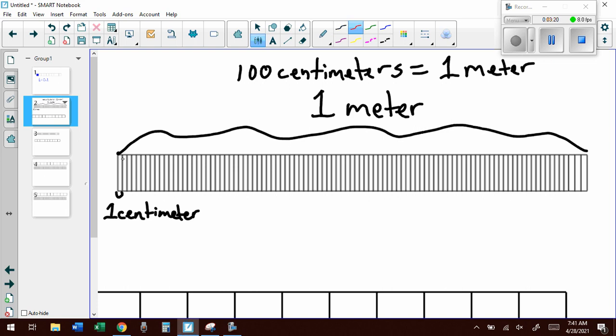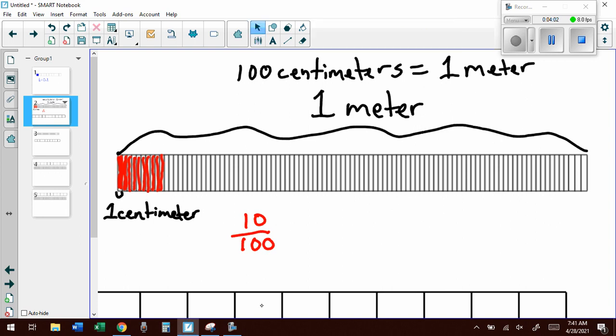And if I take and shade in one of these, my fraction would look like 1/100th. However, if I shade in 1, 2, 3, 4, 5, 6, 7, 8, 9, 10, I have now shaded in 10/100ths.